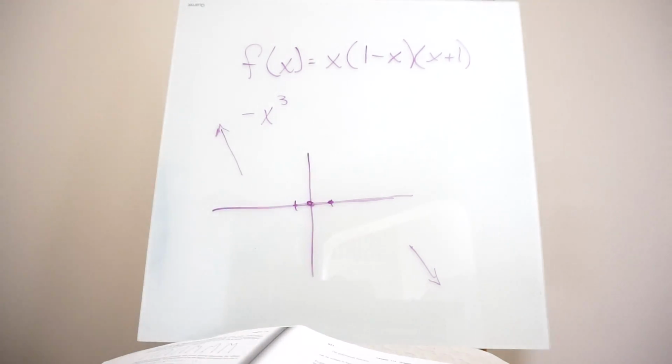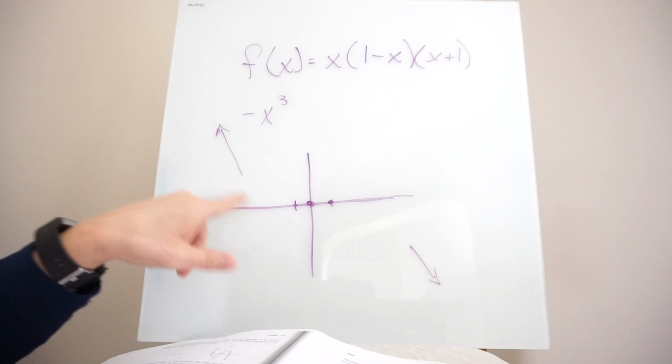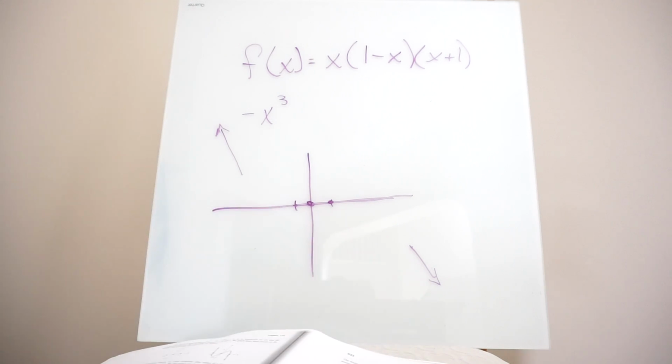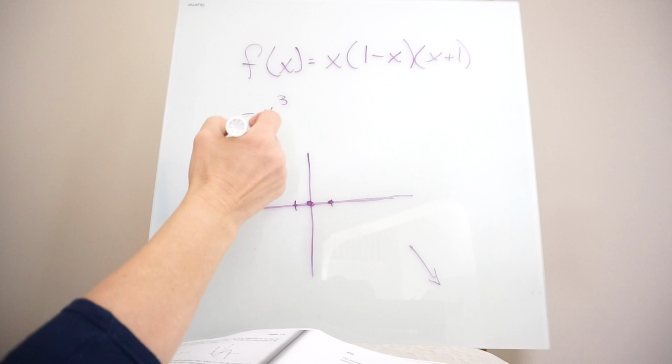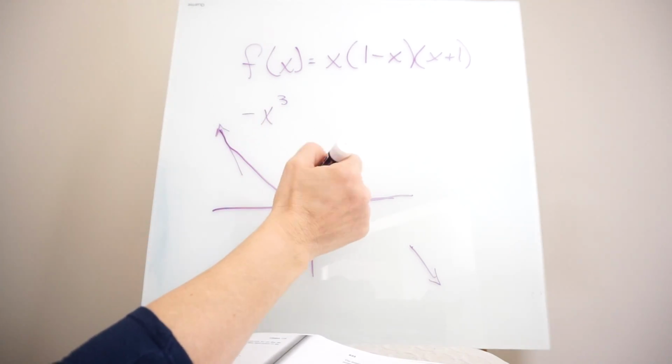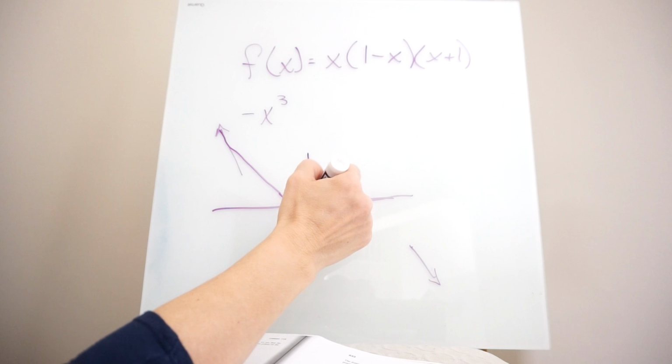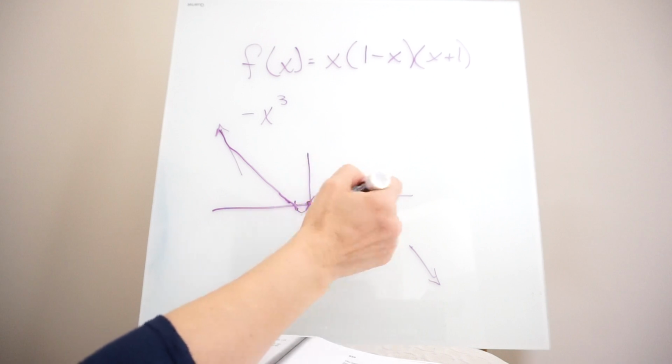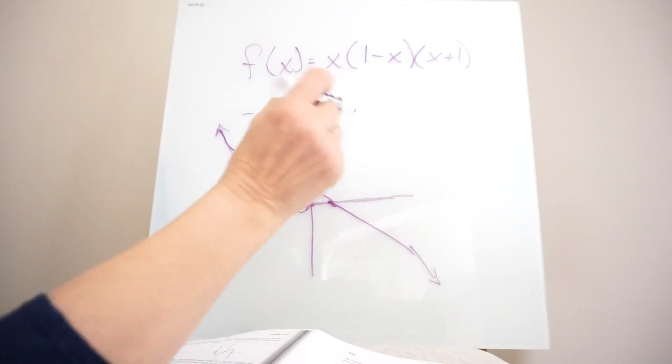So we have those points so far, and we can see what's going on with the ends of the graph. Now we want to get an idea of what's going to go on in here. So obviously this is going to be coming down. Something's going to happen here and here in order for that to then continue going in this direction.